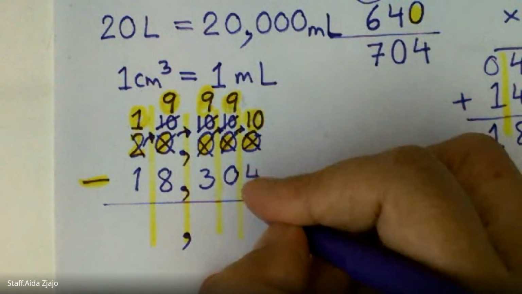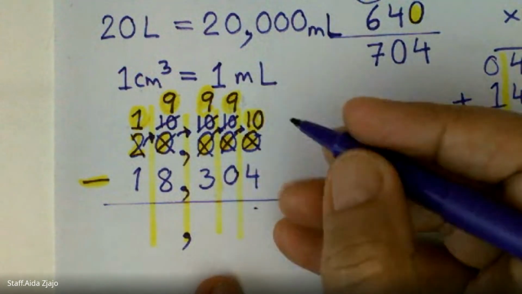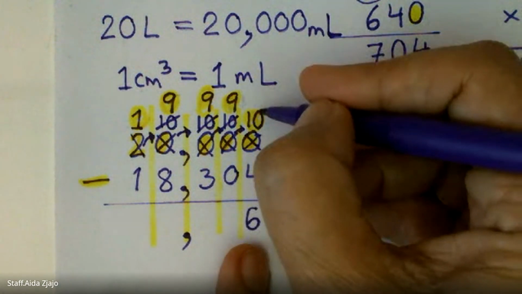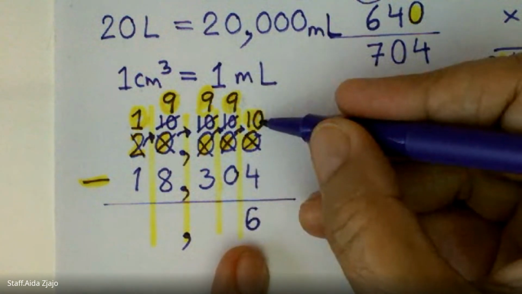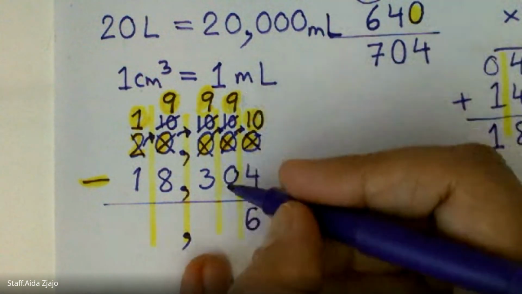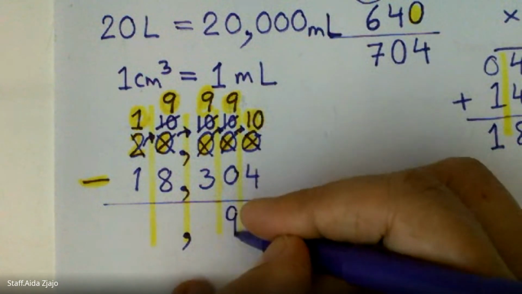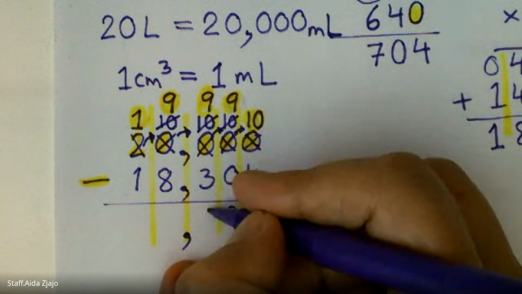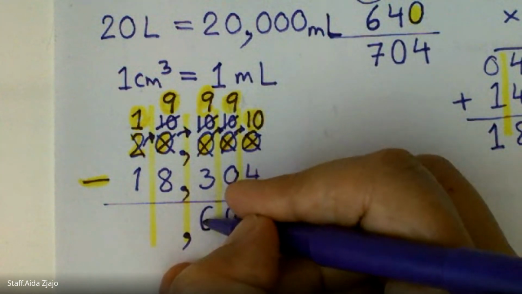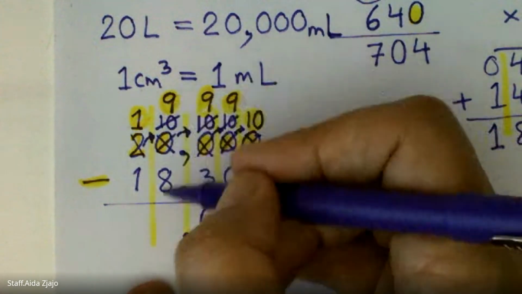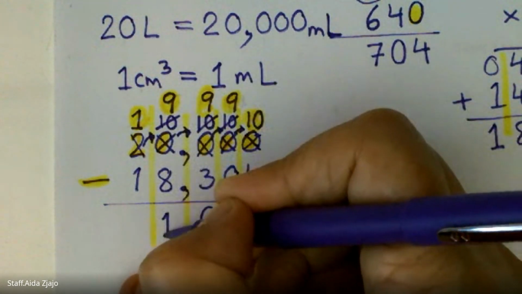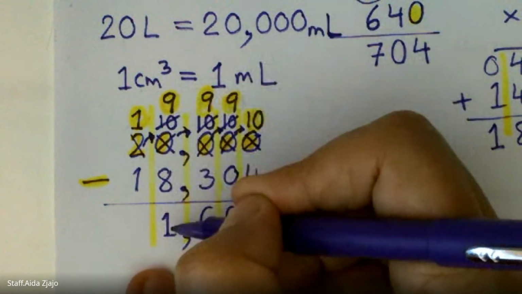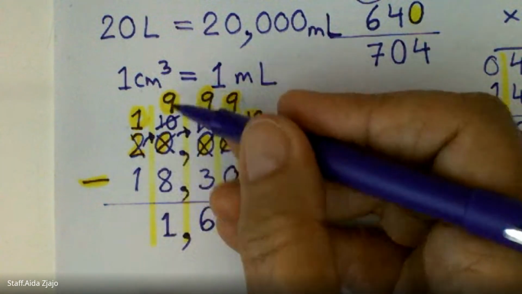10 minus 4 is 6. I can check my answer by thinking 6 plus 4 makes 10. 9 minus 0 is 9. 9 minus 3, 3 and what makes 9? 3 and 6 makes 9. 8 and what makes 9? 9 minus 8 is 1, so 1 and 8 is 9.